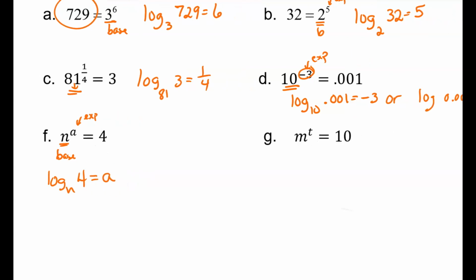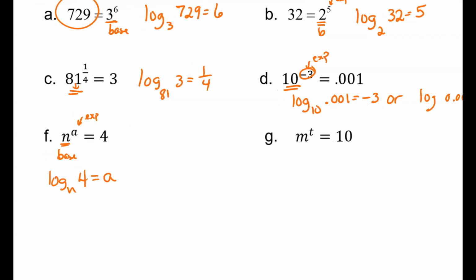All right, let's get our last one down. Guys, what's the base for this one? M. Okay, what's the exponent? T. So we're going to go log base m of 10 is equal to t.